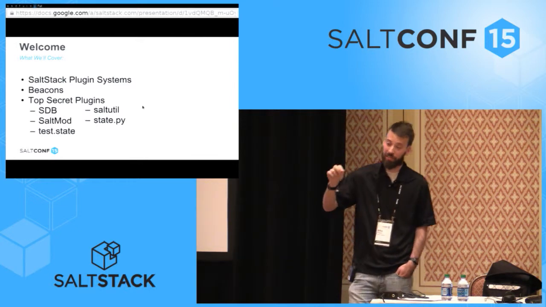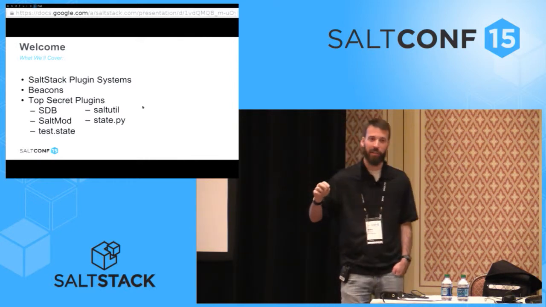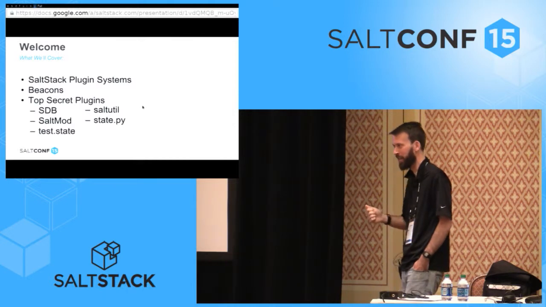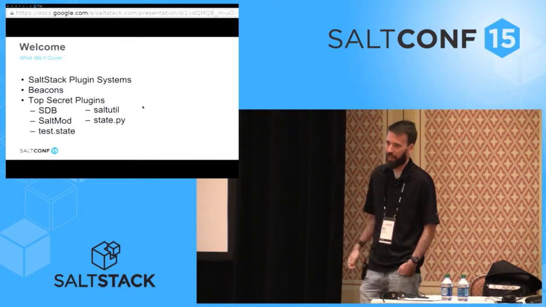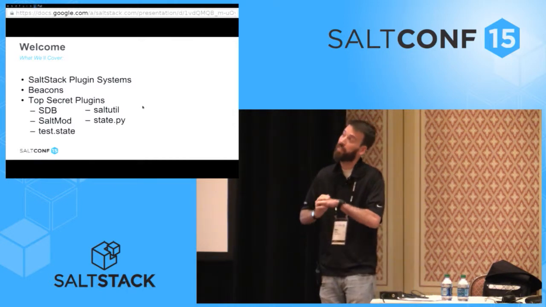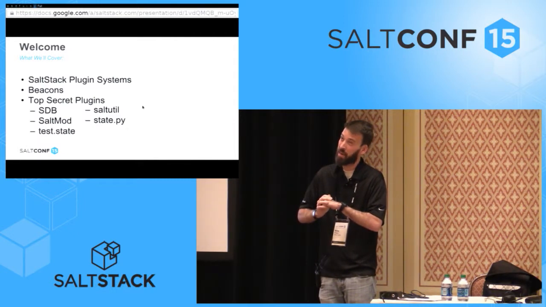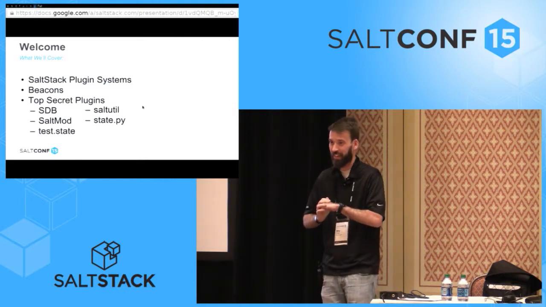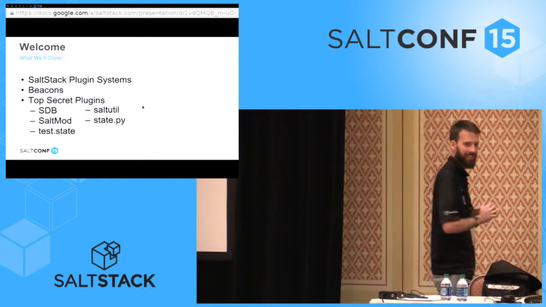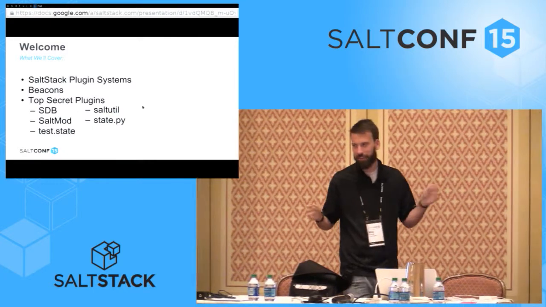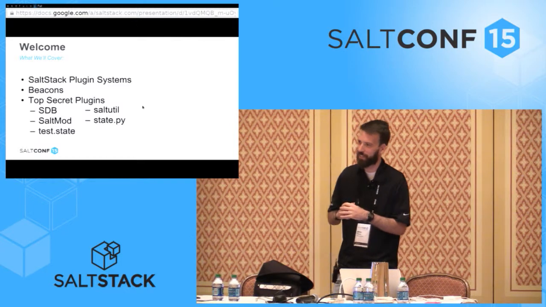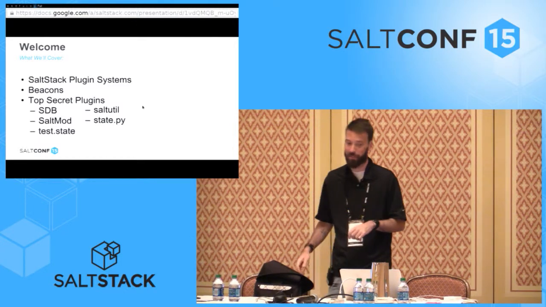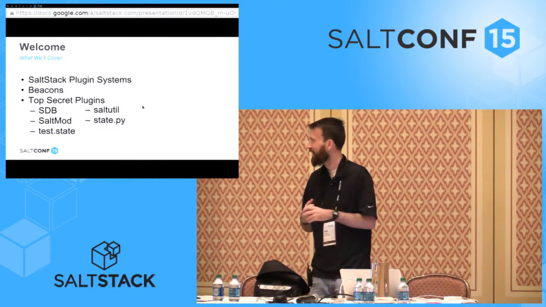That's not individual execution modules; we're talking about plugin systems, things like grains, returners. It was 21 the other day, and then we just added engines yesterday, so I think that makes 22, which is a lot. Find me later, when we're having beers, and we'll see if we can go through and name them all. I won't do it right now because it would be super boring and I would look kind of dumb.